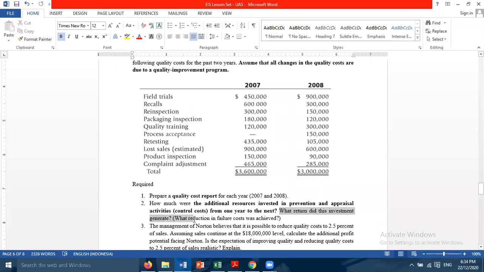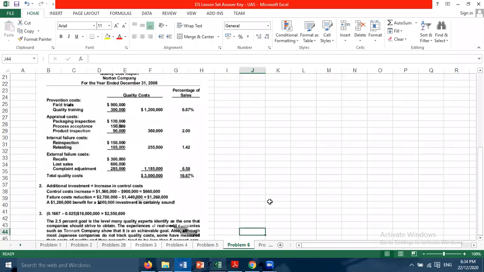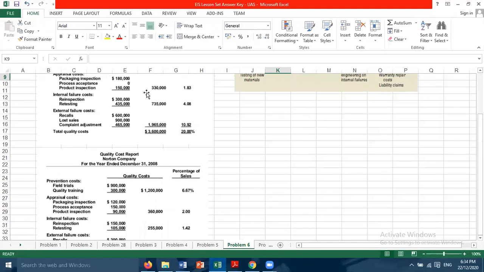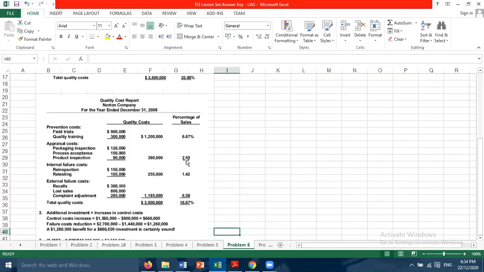Next, it asks, what return did this investment generate? To find the return, we need to know the reduction in the failure cost. Once again, all we need to do is compare. In the first year, we have a total of 735,000 plus 1,965,000 failure costs, or 2,700,000. Whereas in the second year, 2008, we have a total of 1,185,000 plus 255,000, or 1,440,000.